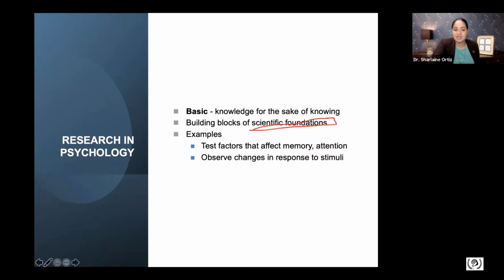but not necessarily to deal with the phenomenon. Now, the issue with this type of research is that many people contend that knowing for the sake of knowing is not enough. For example, some people may say, well, why do we need to study the reproductive behavior of bees?